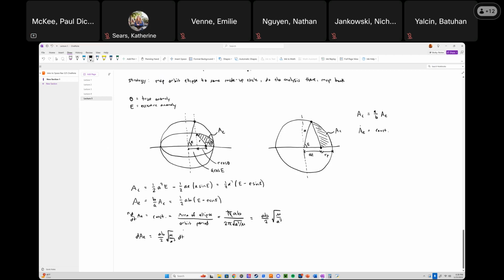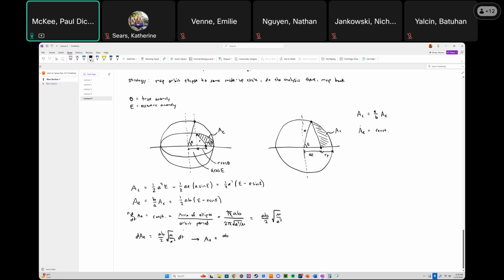Okay, time for some fun calculus tricks here. So you can actually take the integral of both sides, and you can say that A E is, okay, we're integrating with respect to time. AB over 2 square root mu over a cubed does not have time in it. So actually all of this is just a constant.